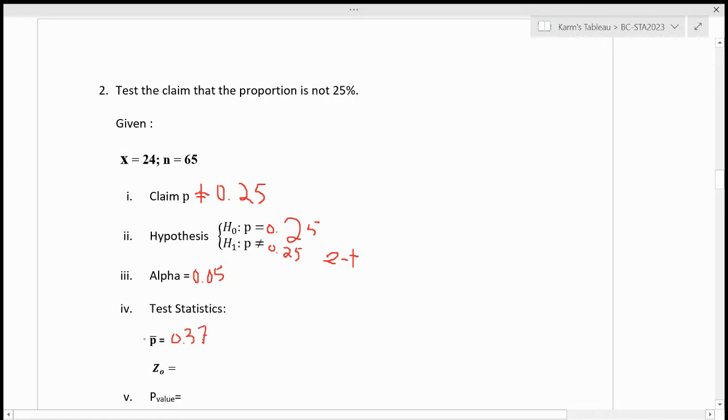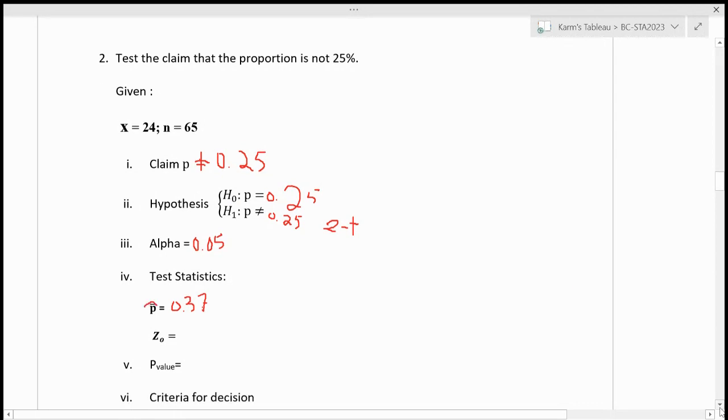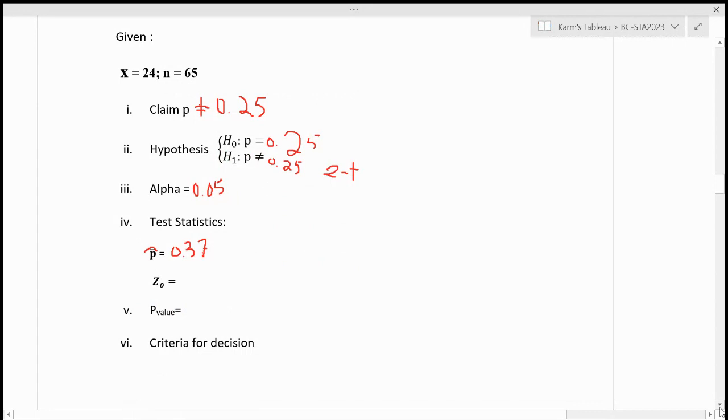It's p hat, not p bar, it's p hat. And then what do you guys find for z sub 0? Yes, that is correct.